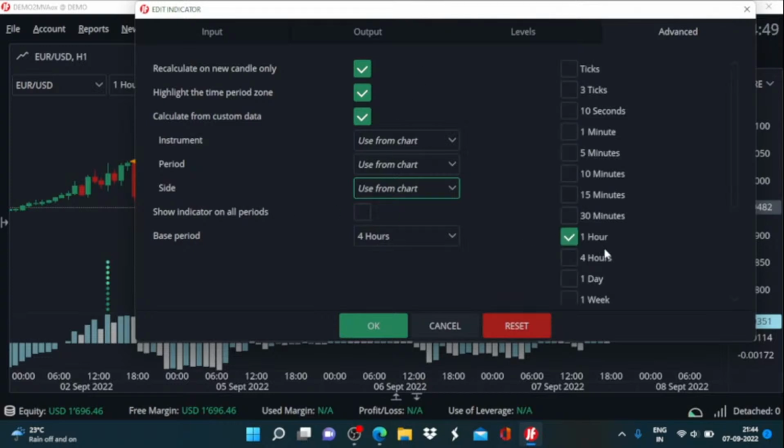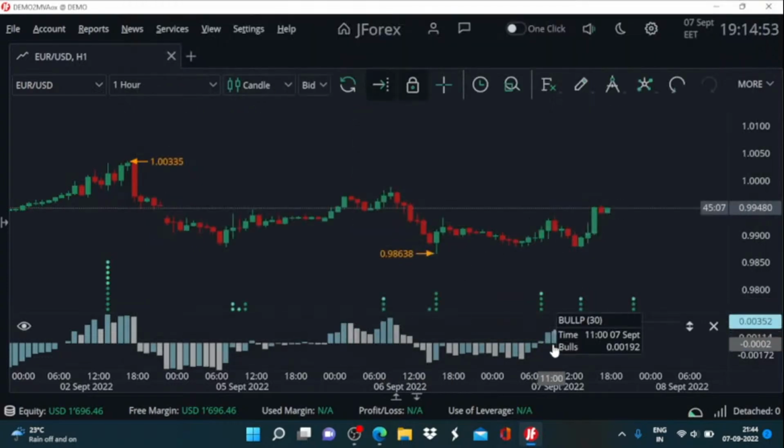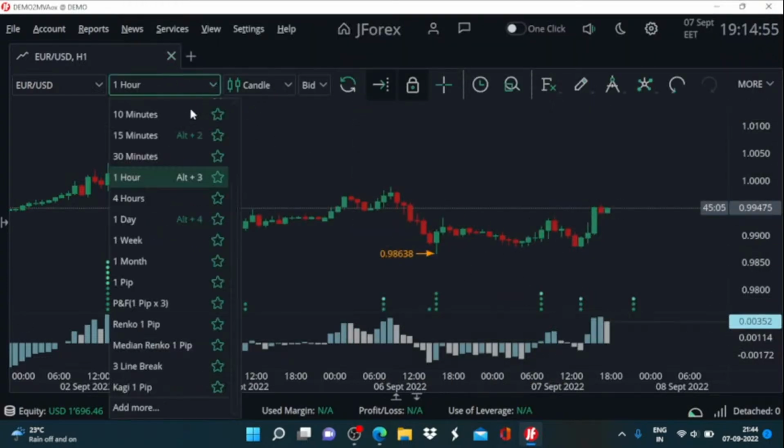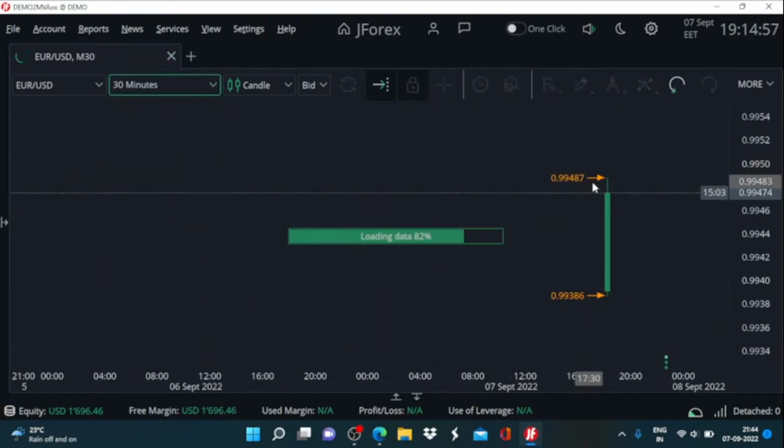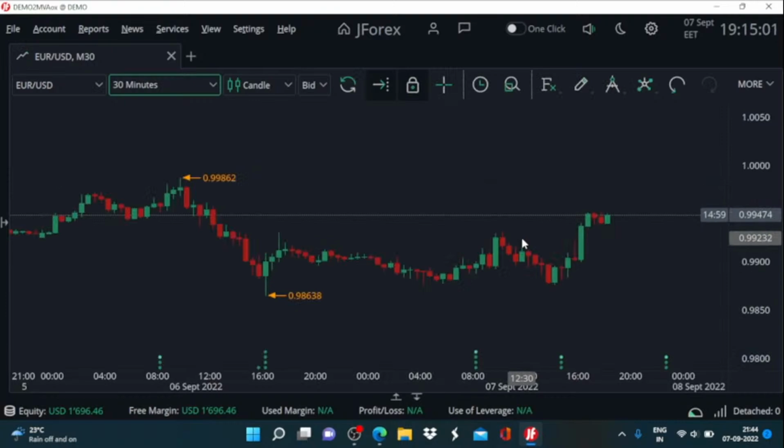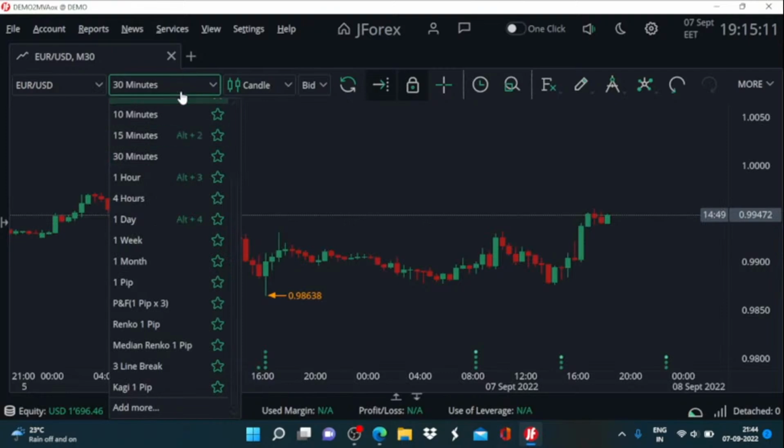If you opt out of this, then you have to specify on which candle period the plotting of this bull power indicator should be done, and only on those time frames the bull power indicator will appear. Now that I have chosen only hourly and 5 minutes as the time periods on which the bull power indicator should be plotted, there is no plotting on 15 minutes, 30 minutes.